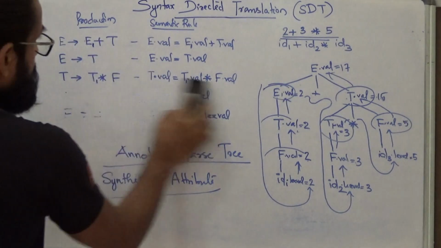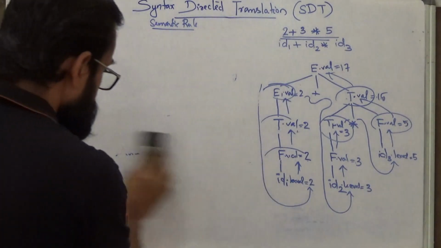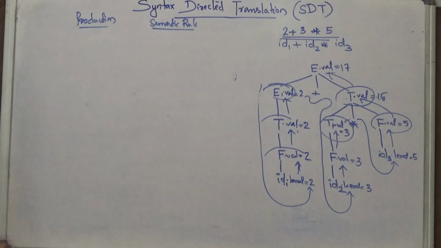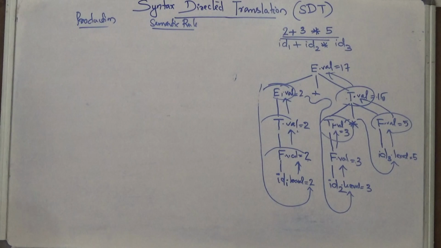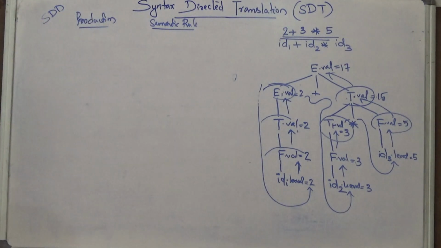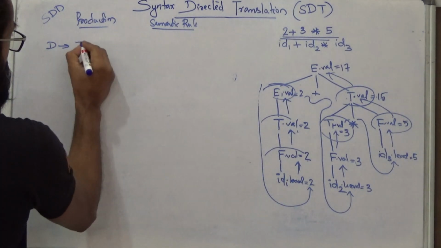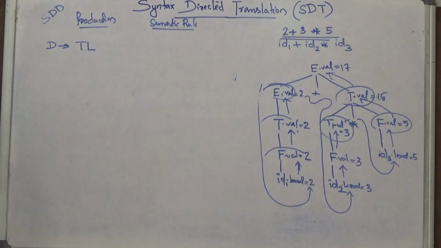So let us consider another syntax directed definition. This syntax directed definition represents an arithmetic expression. Now you can consider another syntax directed definition corresponding to declaration. So you can have D giving TL.